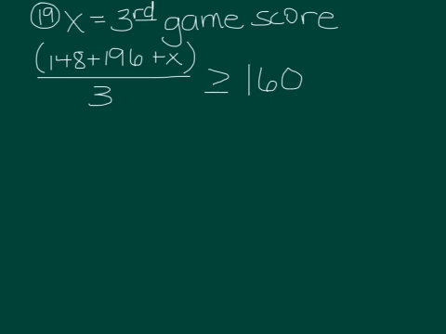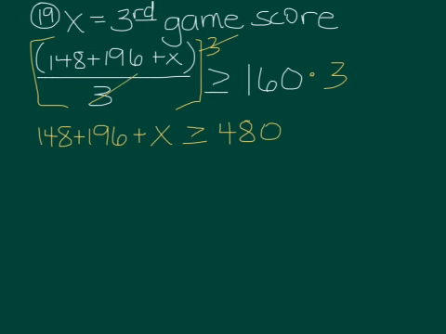So to solve this, I'm going to get rid of my fraction by multiplying both sides of my inequality by 3. When I multiply the left side by 3, it gets rid of the fraction. And so I've got 148 plus 196 plus x is greater than or equal to, and then the right side multiplied by 3 is 480. Now I'll combine my like terms. So I add 148 and 196, and I get 344.